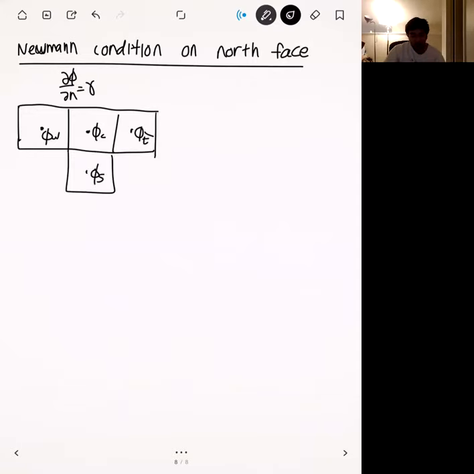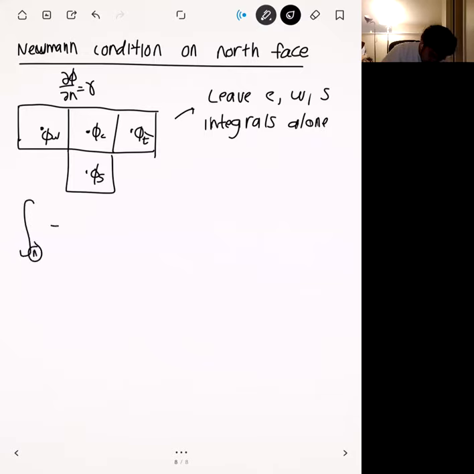Just like before, since we have neighbors on the east and the west and south, we're just going to leave those integrals alone. Then we're only going to replace the north one. Our north integral, normally, is minus k times (phi n minus phi c) divided by delta y, times delta x.